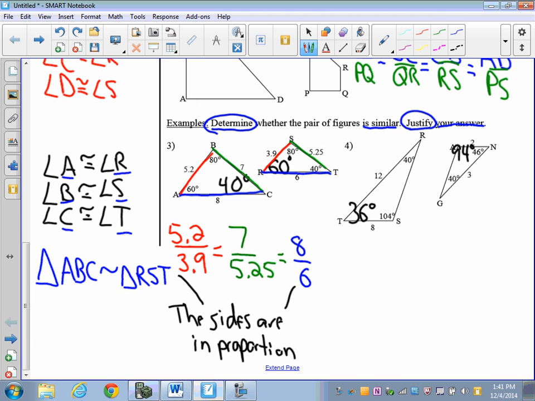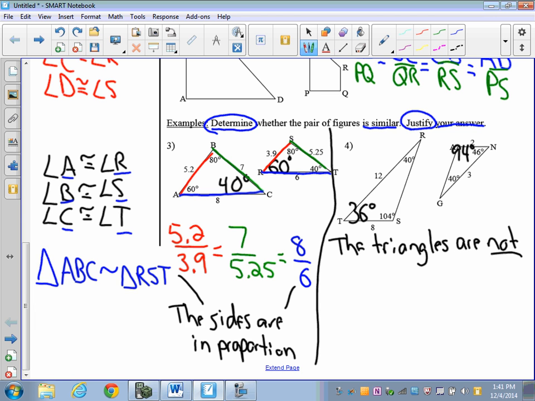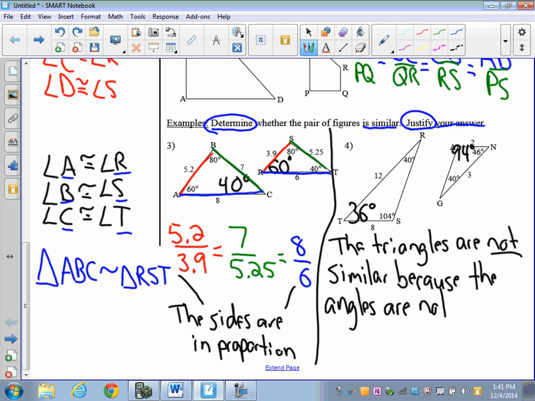So we can say right away the triangles are not similar because the angles are not congruent.